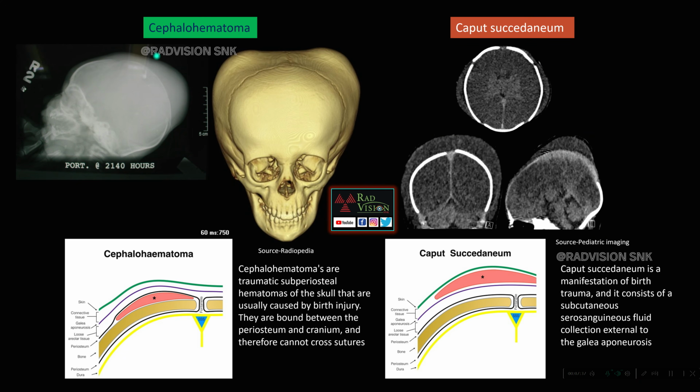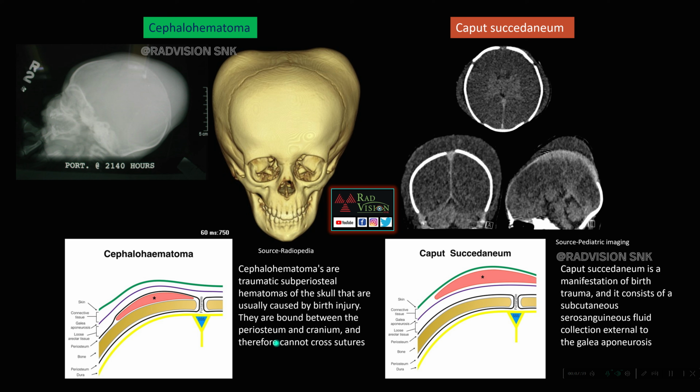Here in this case, you can see there is diffuse swelling in the scalp bilaterally. This is a VRT reconstruction showing cephalohematoma. Cephalohematoma is a traumatic subperiosteal hematoma which is limited between the periosteum and the bone. Because they are limited between the periosteum and the bone, these subperiosteal hematomas cannot cross the sutural lines.